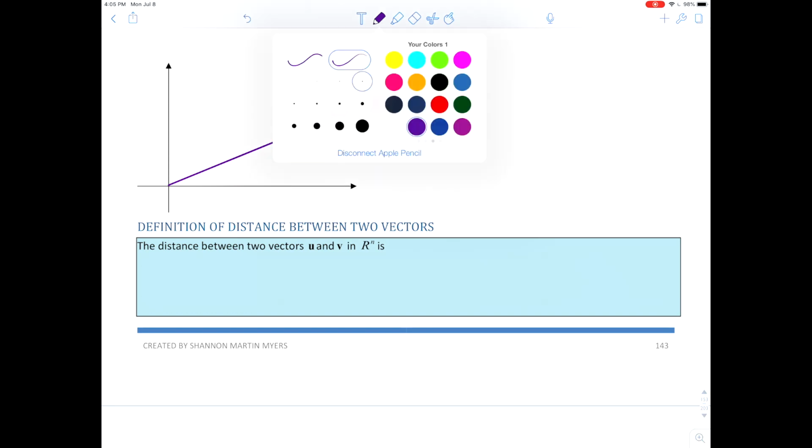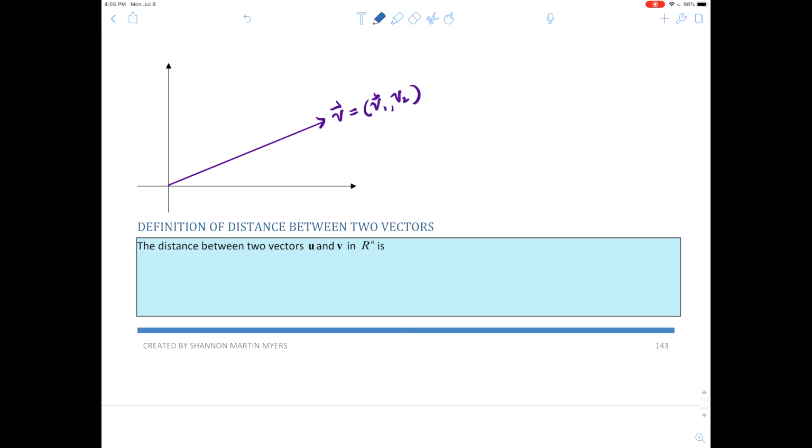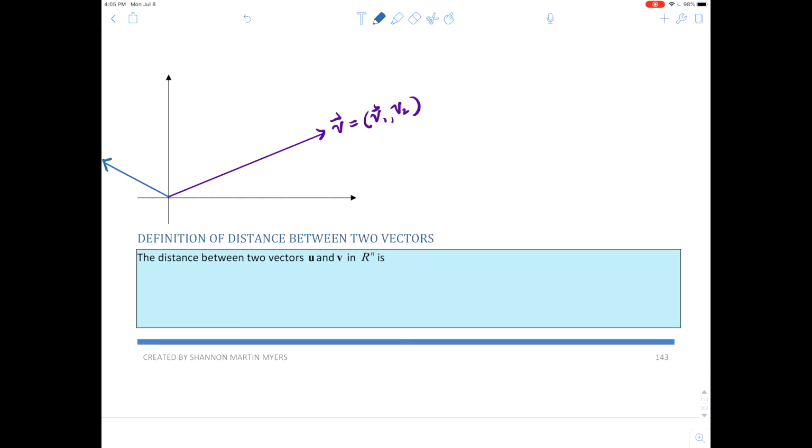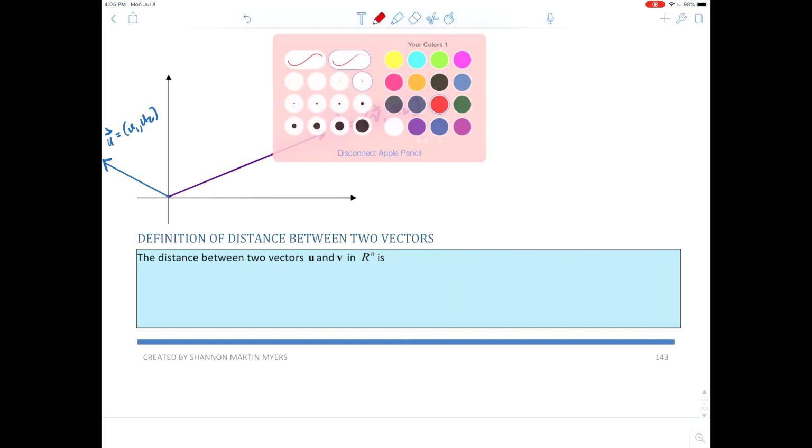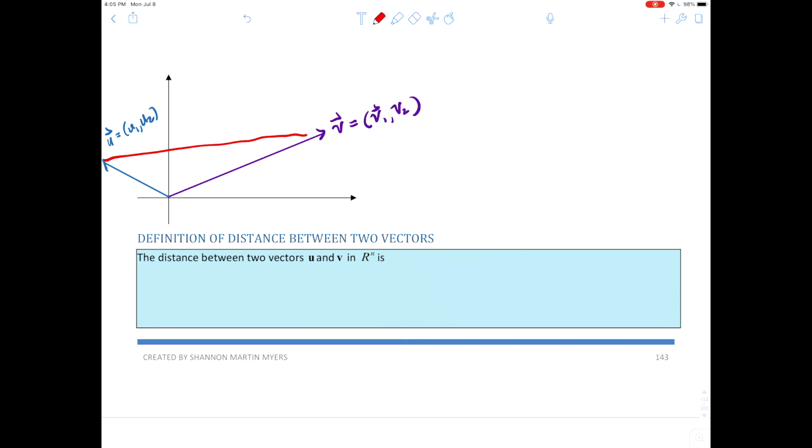And then we can have this other vector u, and so we'll have u is equal to u1, u2. Cool so far? And what we want to do here is figure out this distance. So we want to know the distance between these two, right?